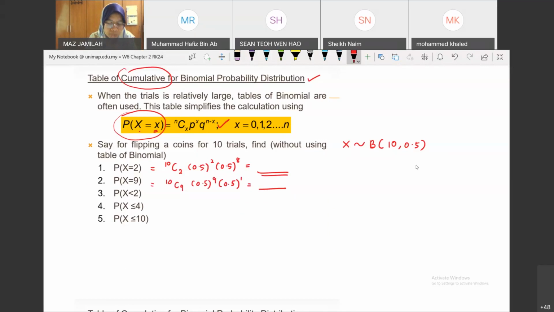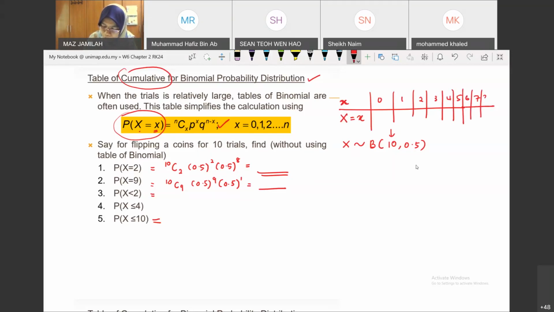What if you have a question such as this, or such as this one? Let me begin with X less than 2. What does that mean? Remember class, when we say 10 trials, we know that small x will take values 0, 1, 2, 3, 4, 5, 6, 7, 8, 9, 10.